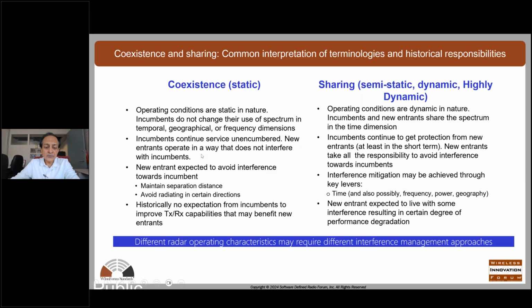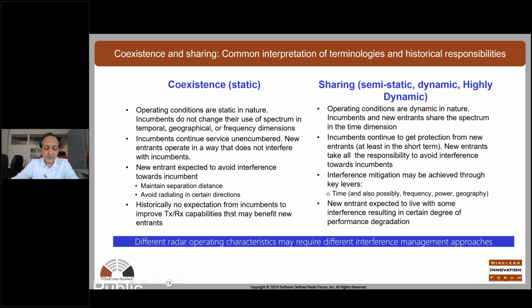New entrants, in this case, it would be the commercial operators, will have to operate in a way that does not interfere with incumbents. So all the responsibility lies with the new entrants. New entrant is expected to avoid interference, maintain separation distance, avoid radiating in certain directions, and any other means to avoid interfering with the incumbent operation.